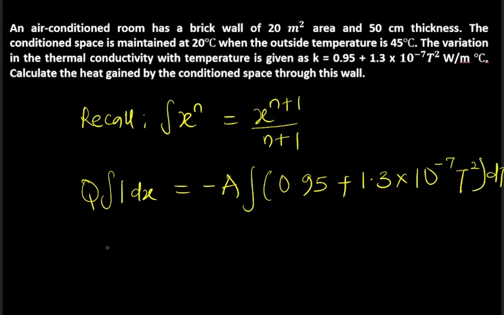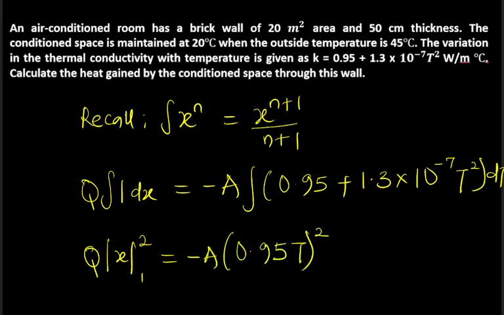By integrating both sides, we are going to have Qx, applying our boundary conditions from the upper boundary to the lower boundary, equal to negative A, 0.95 T upper boundary to lower boundary plus 1.3 times 10 to the power of minus 7. We are going to add 1 to 2 and that will become 3, T raised to the power of 3 over 3.